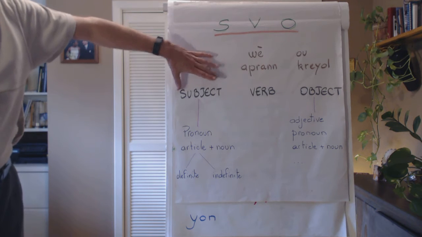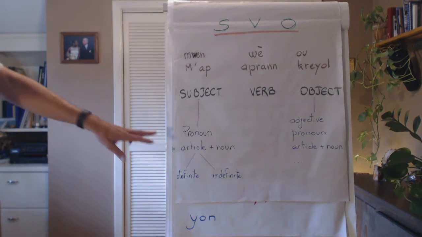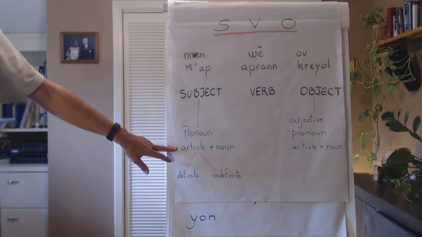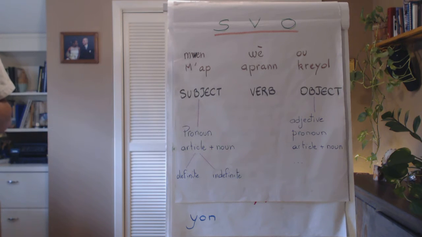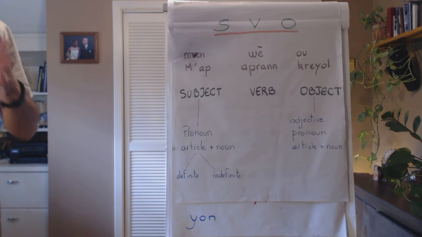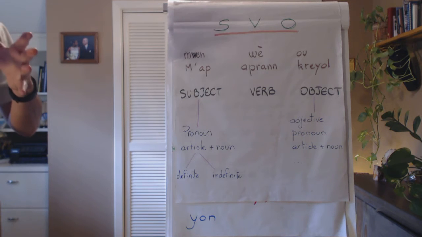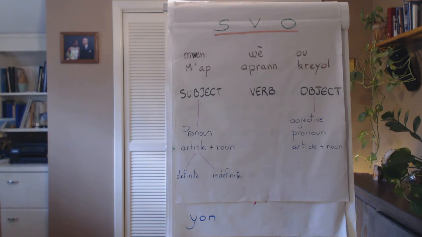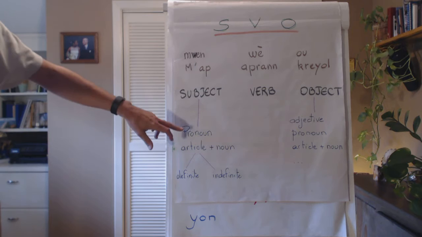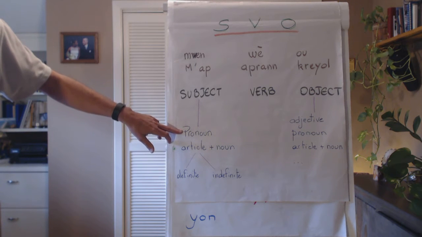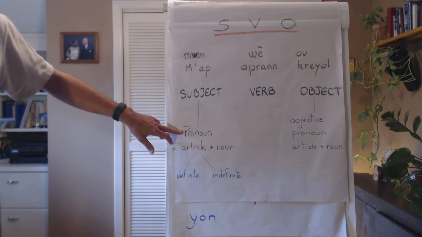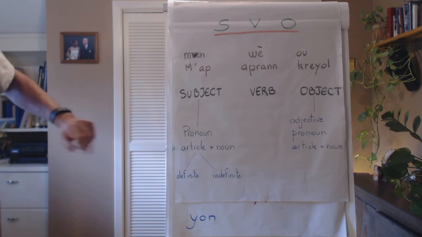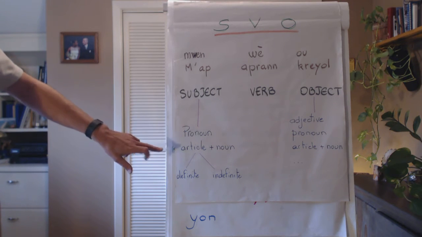The subject can be a noun plus an article, right? For instance, we say a car, a book, or the car, the book. Or it can be a pronoun: it, he, she. That's a pronoun that replaces a noun.